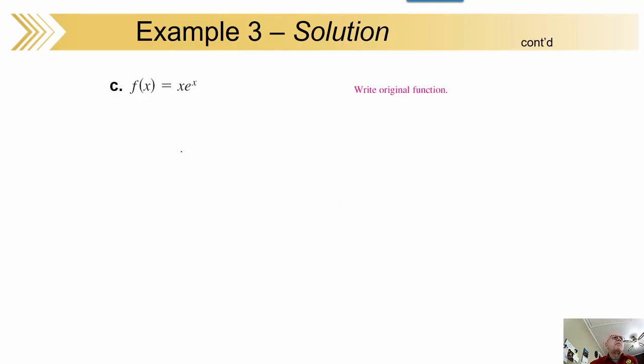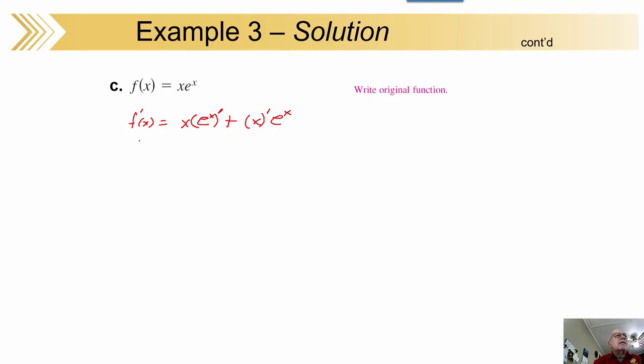Next one. More interesting, huh? Well, if we want the derivative of that, we're going to have to use the product rule. So x and e to the x, we're going to take the derivative of that, product rule, and put a plus in there. Then you'll have the derivative of x times e to the x untouched.